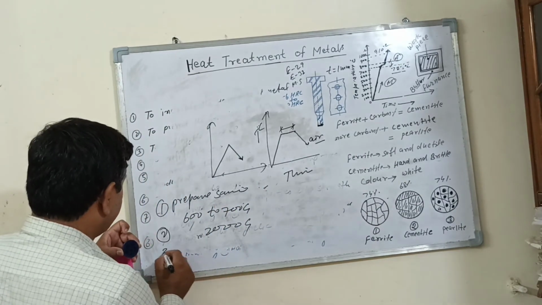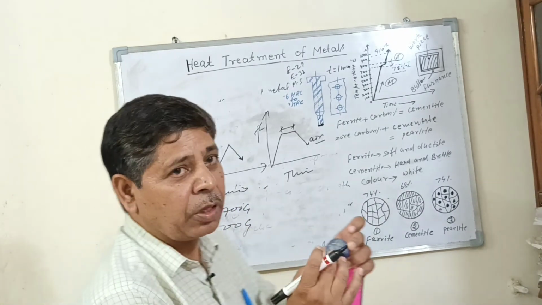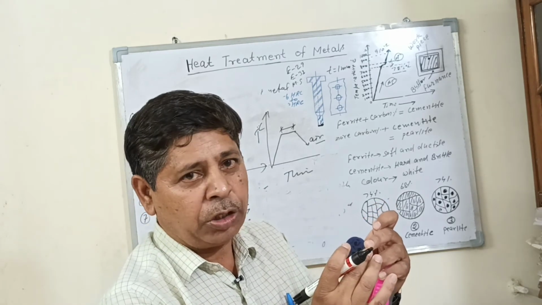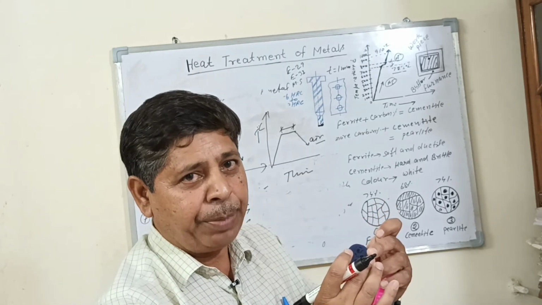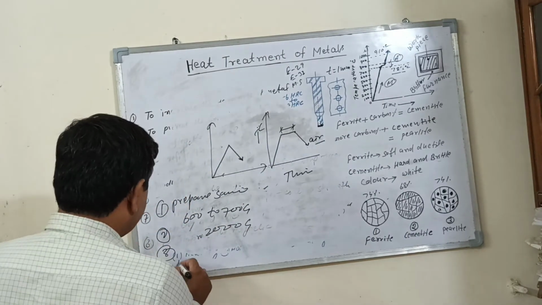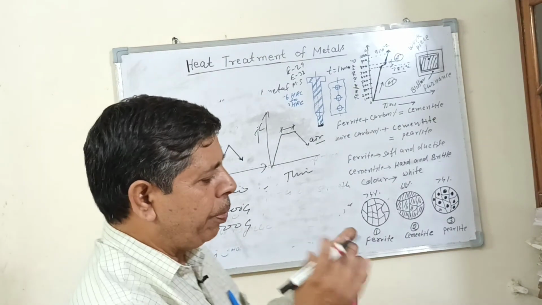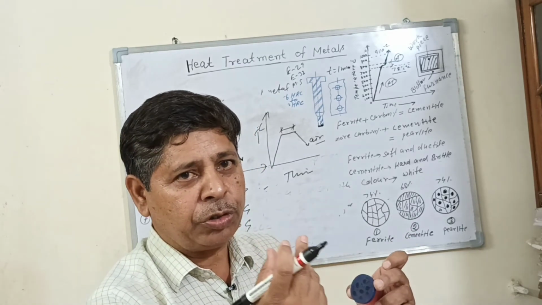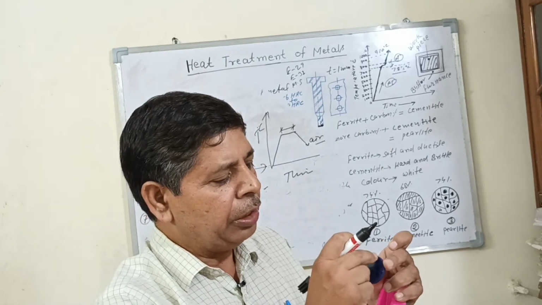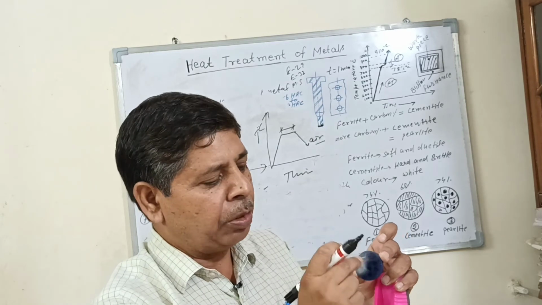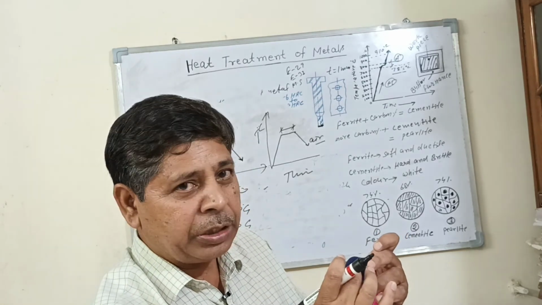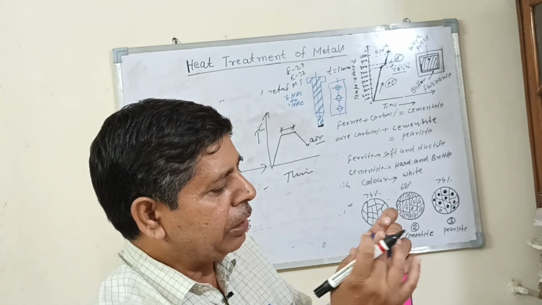Number 3 is buffing this surface with the help of a silky cloth and white emery paper. Number 4 is to prepare an etching solution. The etching solution is spread on the surface of this workpiece. It discloses the internal structure of this sample.